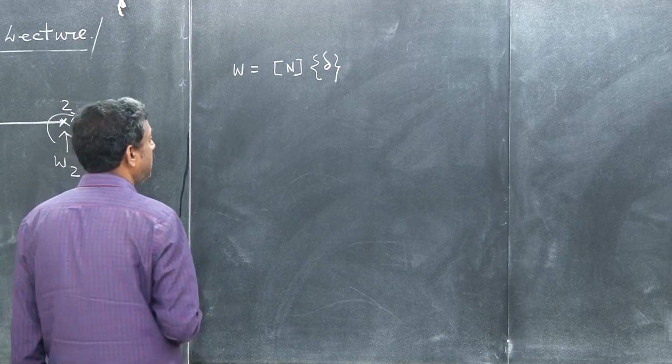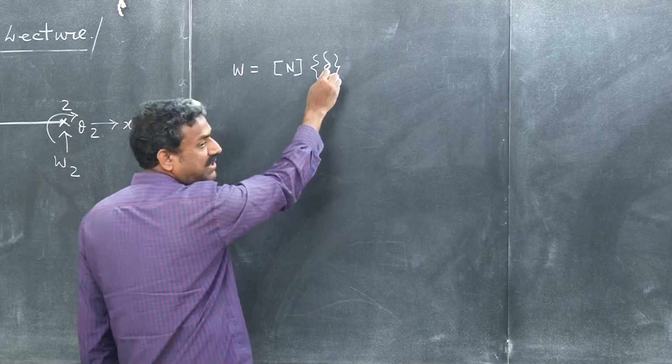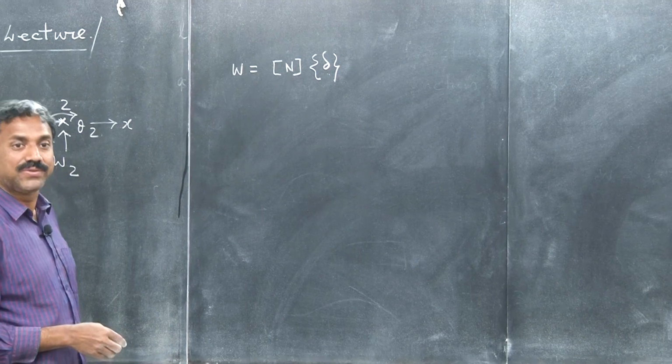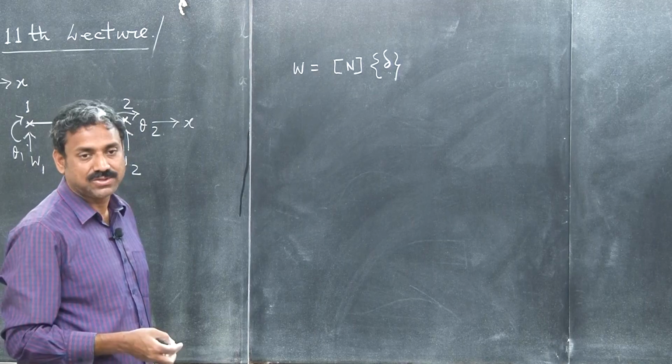You see that discrete nodal values are converted into a continuous displacement field. That is basically the role of the shape function for any element.